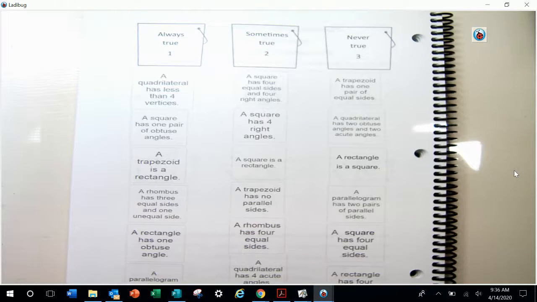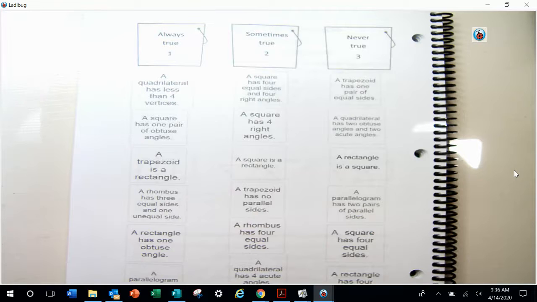I'm going to give you some time to go ahead and fill this out. So right now, I'd like for you to lightly use pencil, because I want you to copy it down in bolded, strong pencil lead when we go over the answers. So go ahead and pause the video and look over each of these statements. It's going to take you a few minutes, but there's no homework for this lesson, so lucky you.